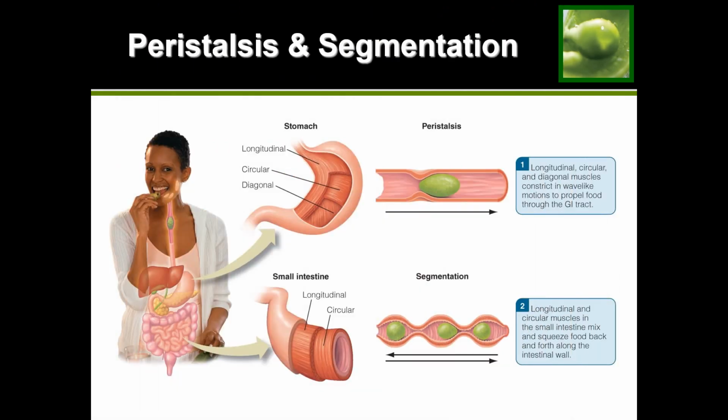We also have a few new terms for how our food moves along the digestive system, and that is peristalsis and segmentation. We have muscles that go in all different types of directions in our digestive system. So for example, your stomach has muscles that line its walls. Same thing with your intestines. You have muscles along the walls that contract and release to help move things along.